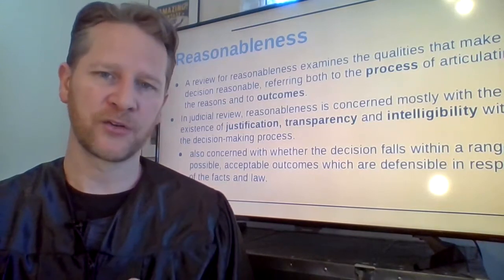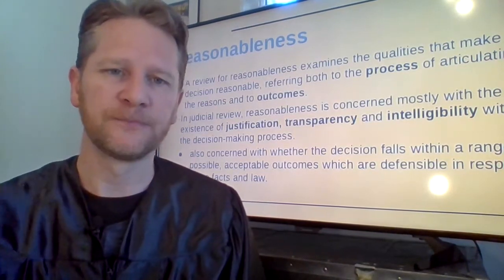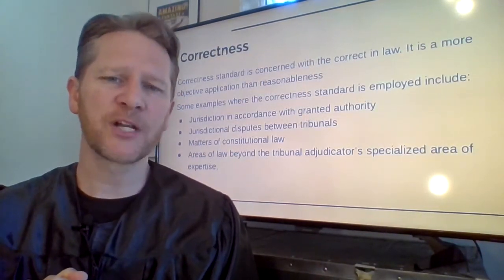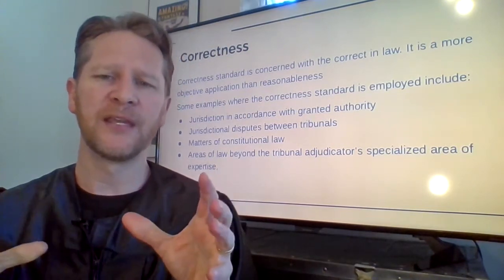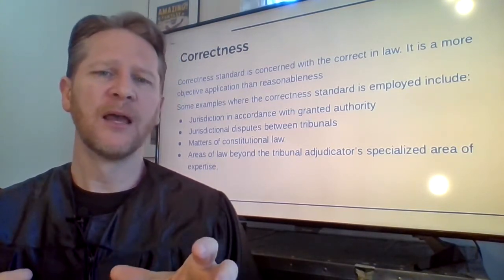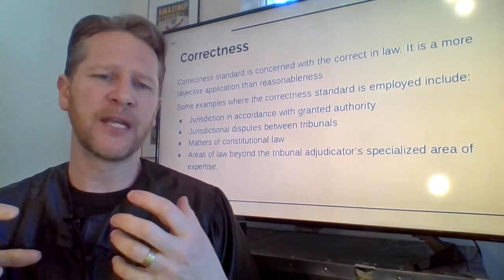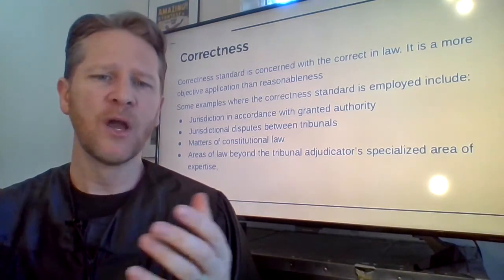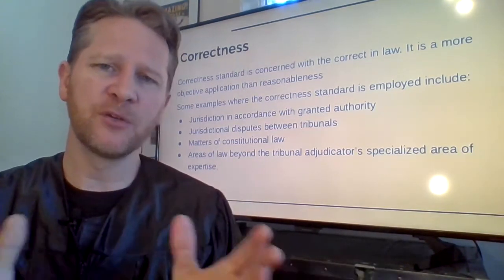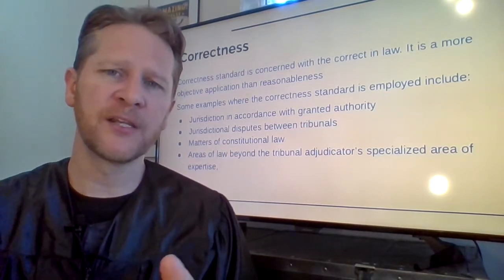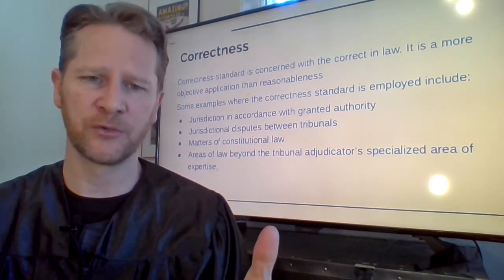Far easier to understand is the concept of correctness, because correctness is much more concerned with the aspects of law and the nature in which we are applying it. So maybe to me and maybe to you as well, one of the most obvious areas here is things like constitutional law issues.